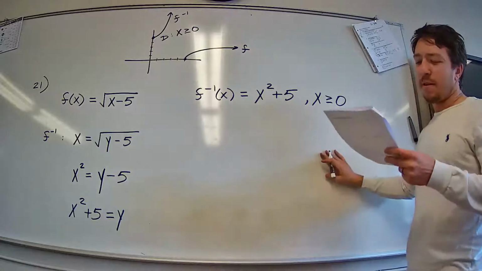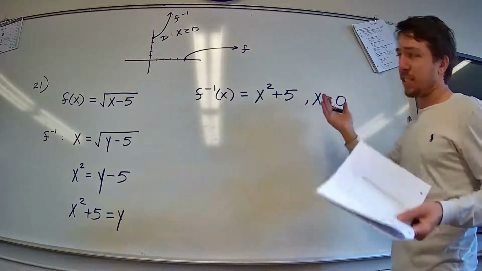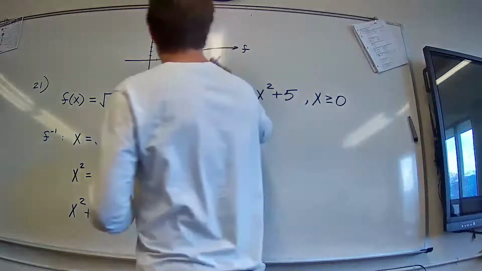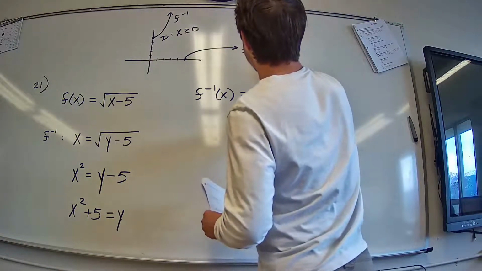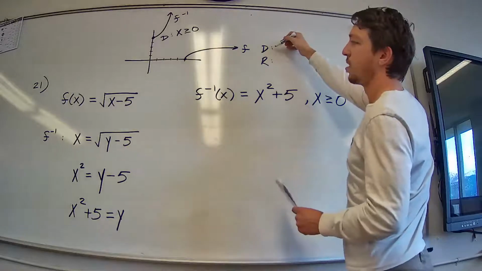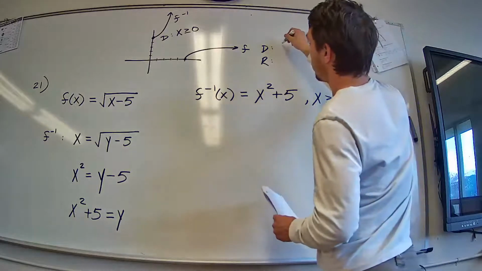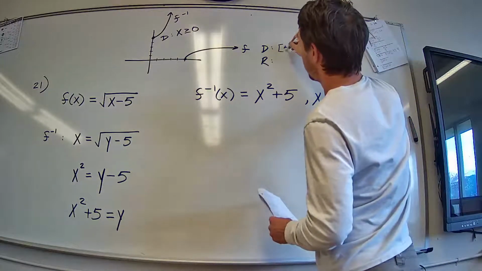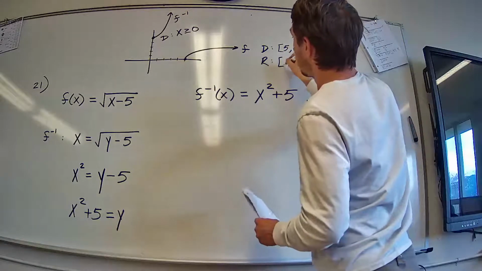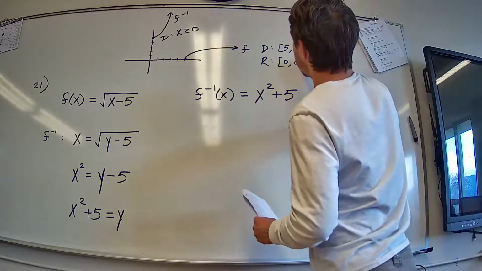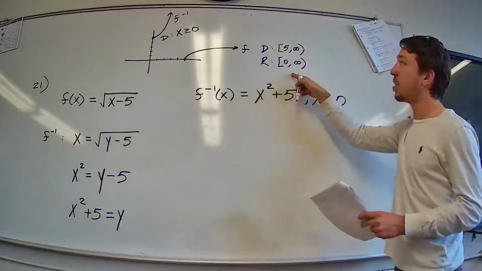The other way you might have reasoned it out, and the question is asking us to do this, is: what does f have? f's domain is, and its range is, what's its domain? Domain is everything greater than 5. Yep, so 5 to infinity. Its range is everything greater than 0, to infinity.